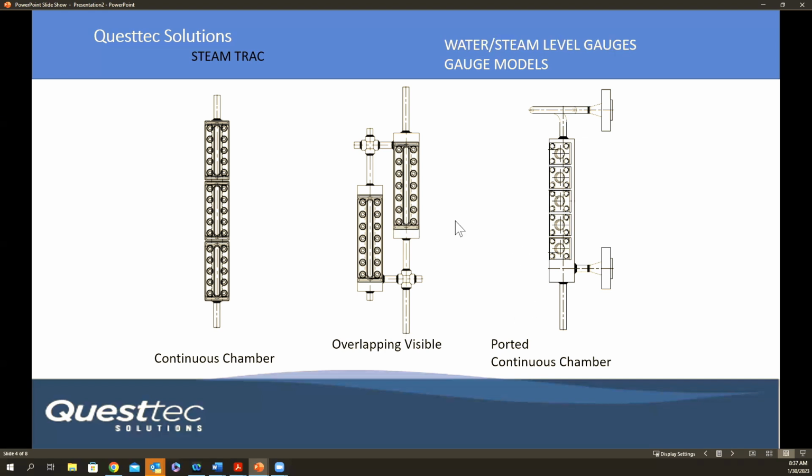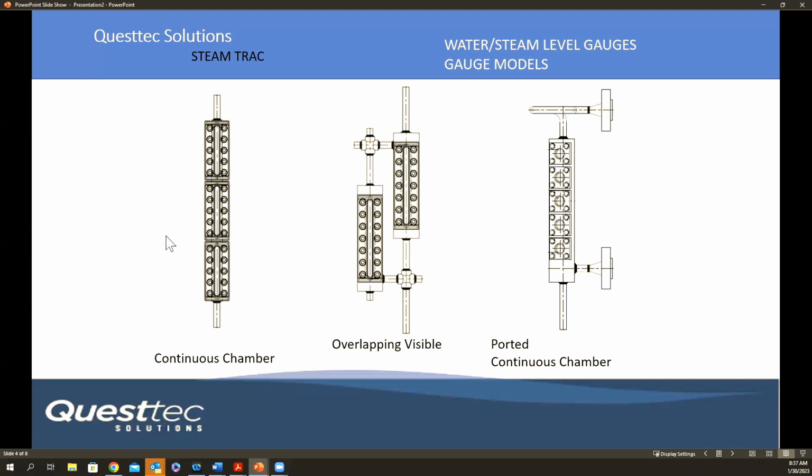The overlapping visible is required once you move to a transparent sight glass. That has to do with the operation of a reflex: as we all know, the sight glass will show either black or clear.